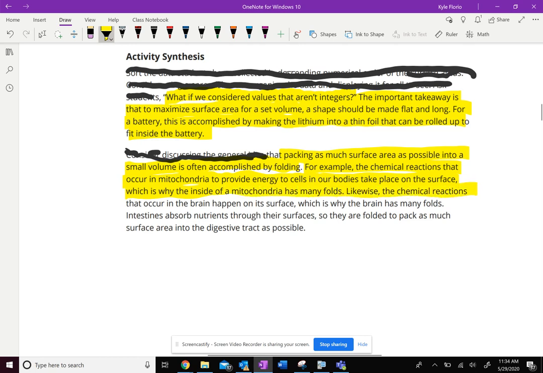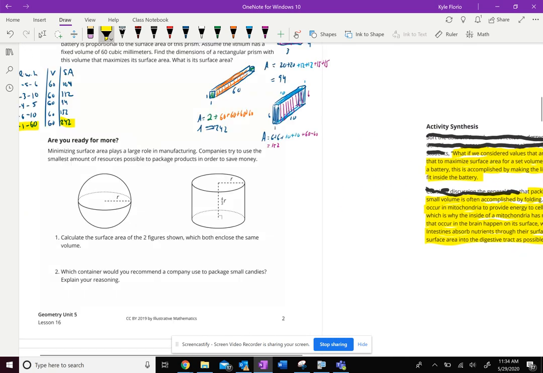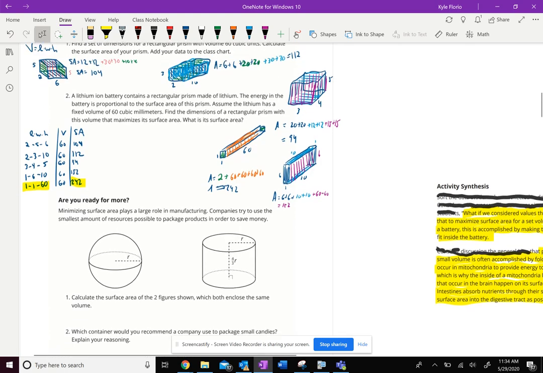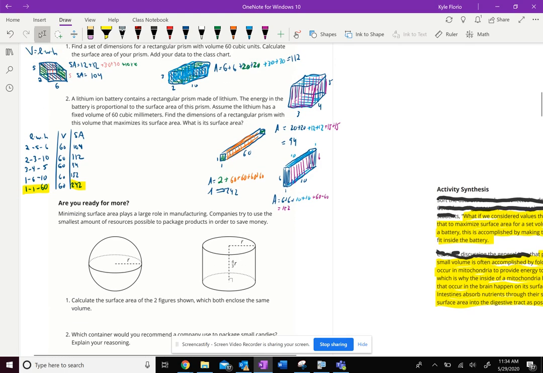Likewise, the chemical reactions that occur in the brain happen on its surface, which is why the brain has many folds. Intestines absorb nutrients through the surfaces, so they are folded to pack as much surface area into the digestive tract as possible. So a lot of things need to, with a set volume, increase the surface area, and one way you can do that is by stretching it out and then kind of folding it.